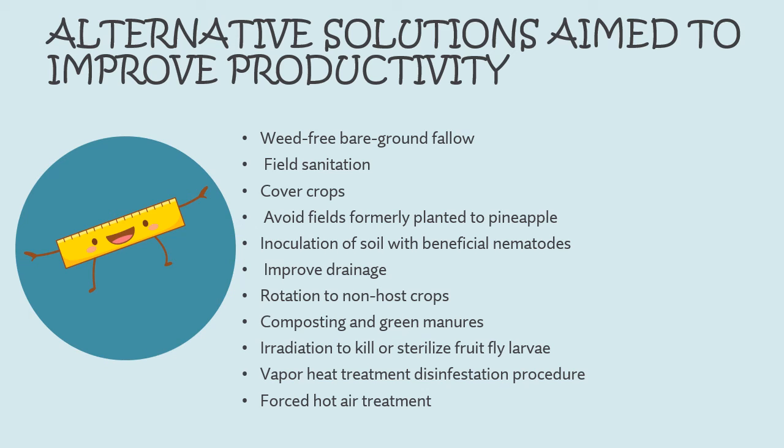Okay, then the next solution is field sanitation. After we harvest or before we do a new planting, we must do field sanitation to kill any disease near the crop and also the fruit, and also kill the pests or any insects that are near the fruit, to ensure that the fruit that we want to market in supermarkets or elsewhere is of good quality.